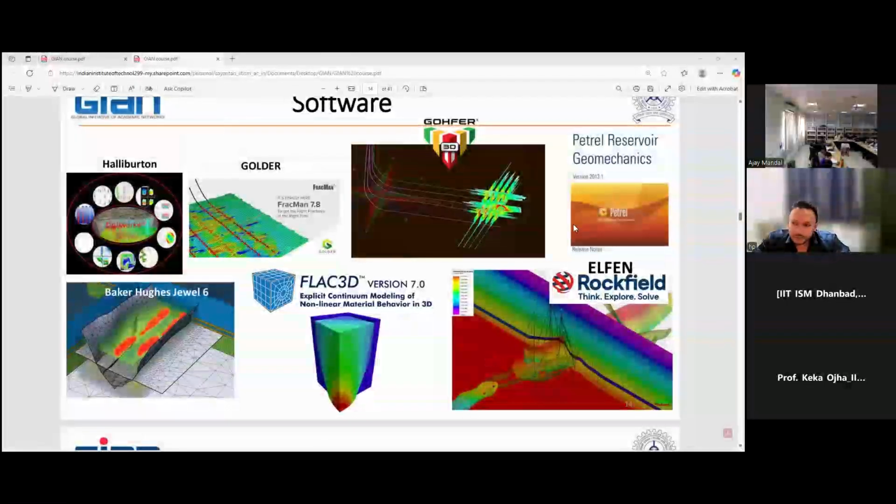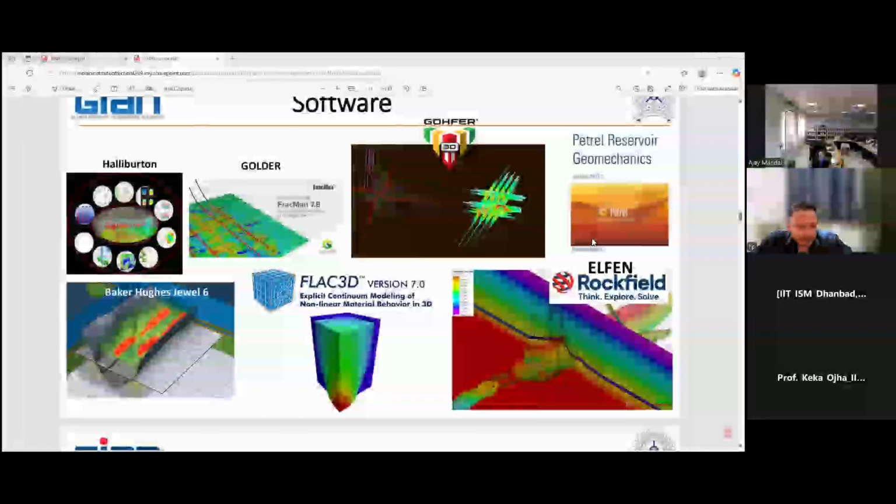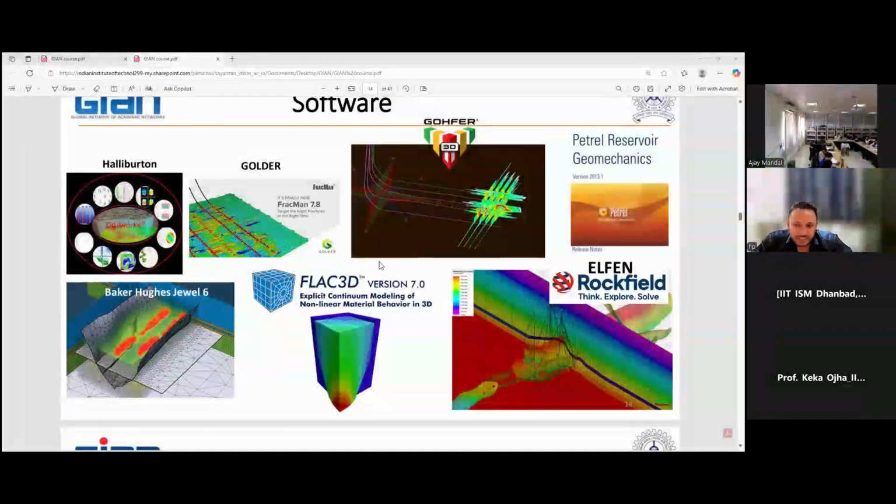And Petrel Reservoir Geomechanics, it not only does hydraulic fracturing, but all types of geomechanical simulations such as wellbore stability and caprock integrity and whatnot. Then you have this Flac3D and ELFEN Rockfield.